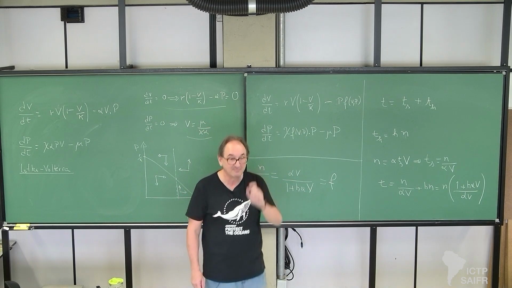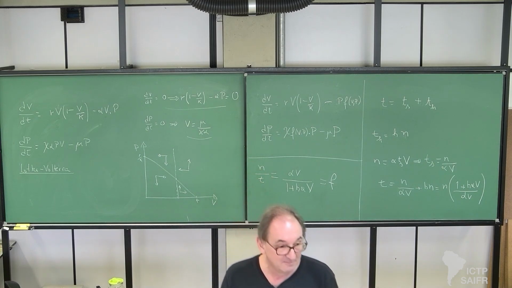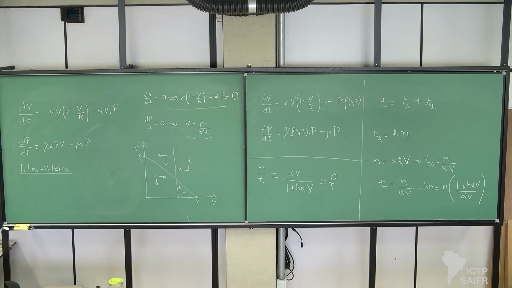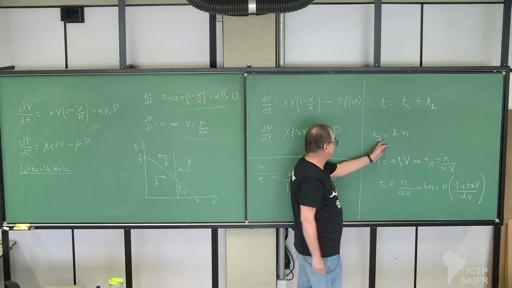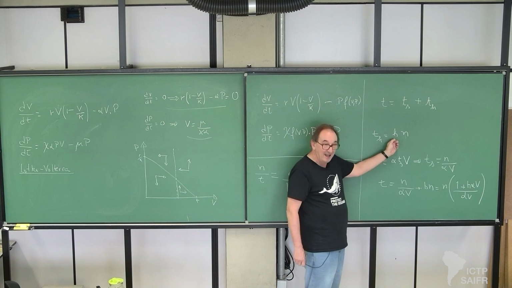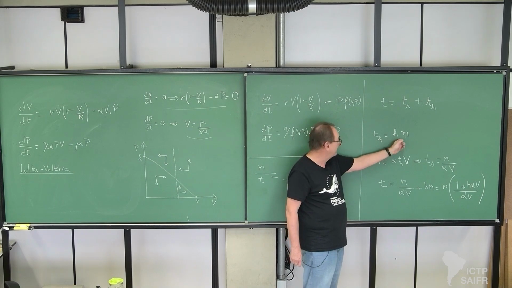Okay, question. Just one thing I didn't understand. The t_h equals h n. t_h is a handling time, I can understand that, but what is h exactly? So this is the time it takes to manipulate a certain number of prey.